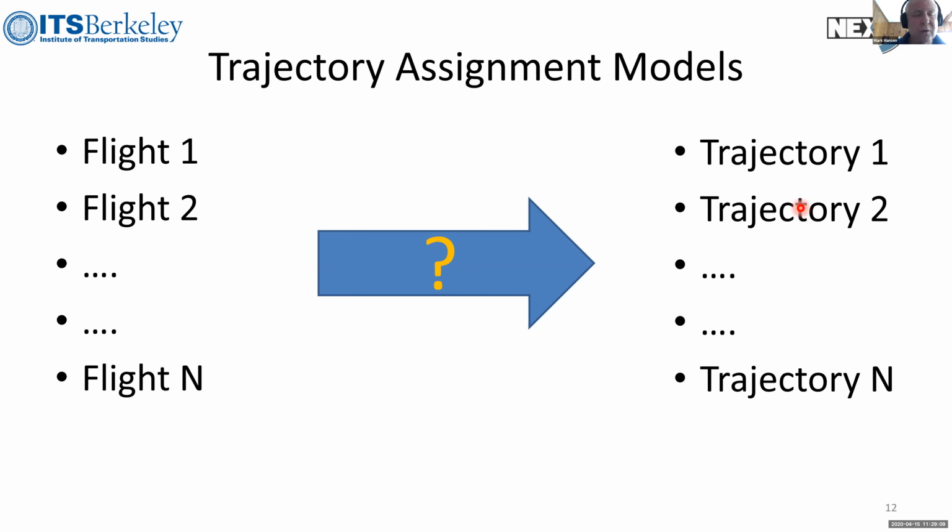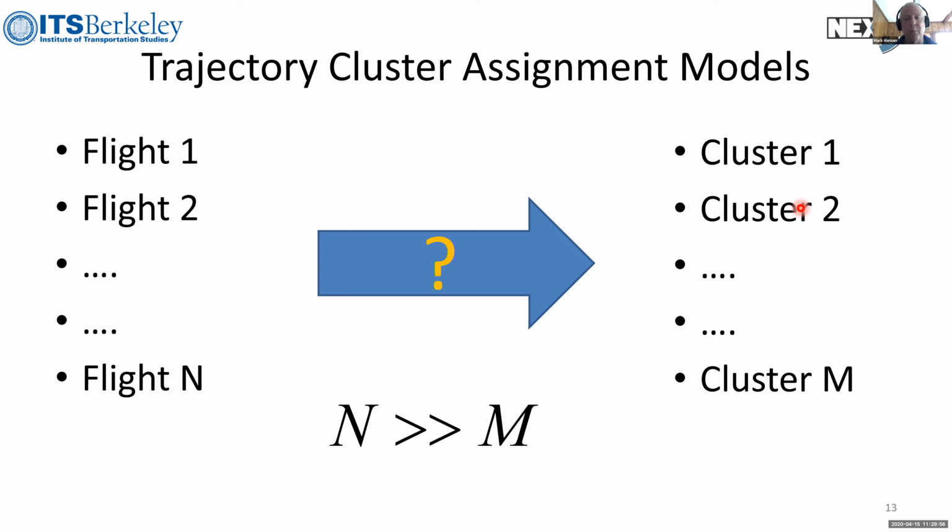We haven't quite taken this on yet, but we have taken on a simpler version of this problem, which is one of the motivations for the cluster analysis we reported on before. Instead of modeling the assignment of flights to itineraries, we can model the assignment of flights to clusters. That's what we'll be talking about in these next few slides. We can go back and look at each flight and see which cluster it belongs to in terms of its itinerary, and then try to understand that assignment process.